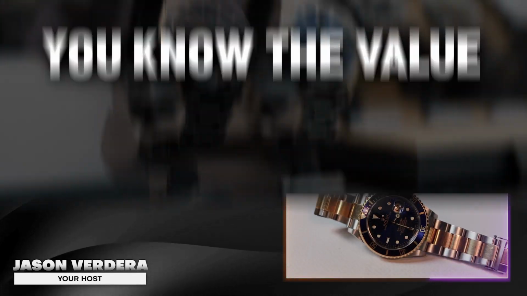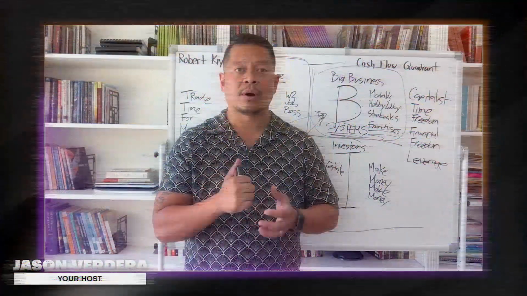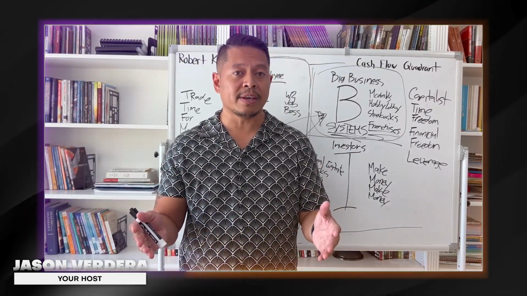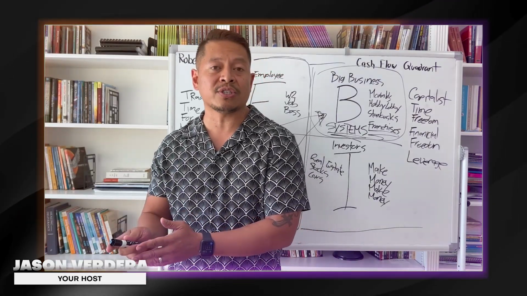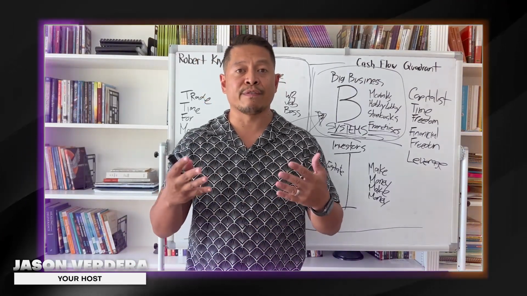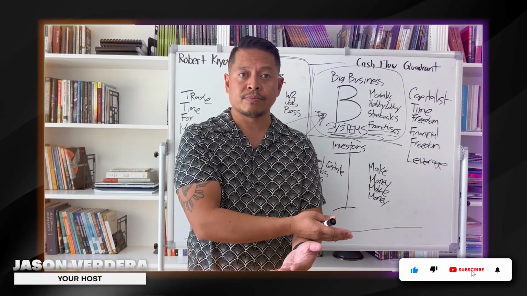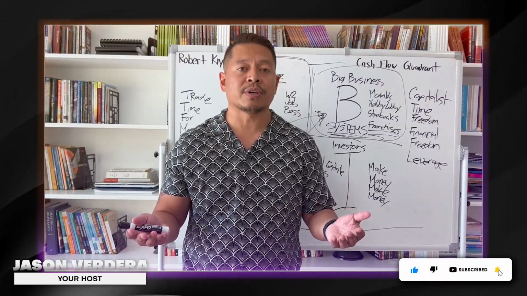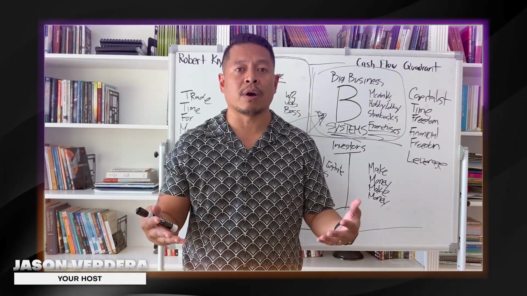Now, that's because you know the value of the brand new Rolex, okay? And it's the same thing that we would do in our 1 to 2 hour presentation. We present the value of the item that you're purchasing. So $5,000 and $500 comes out the same because it's the value of what it's worth.